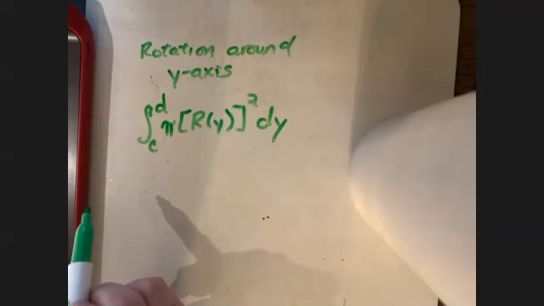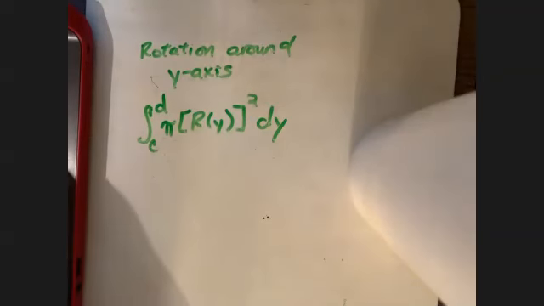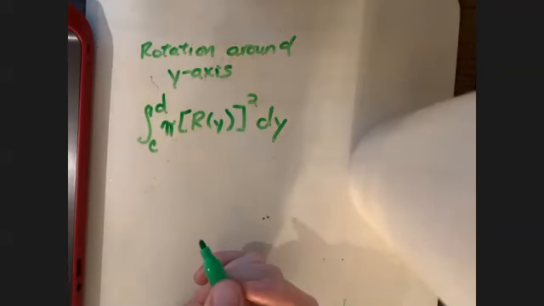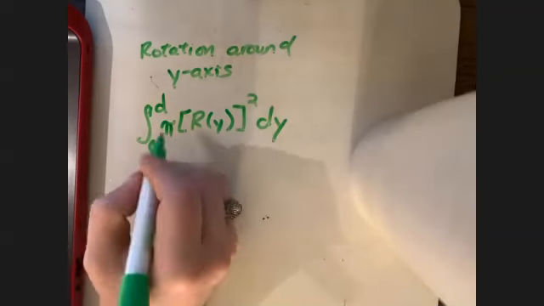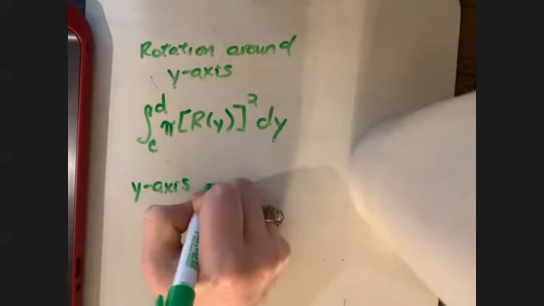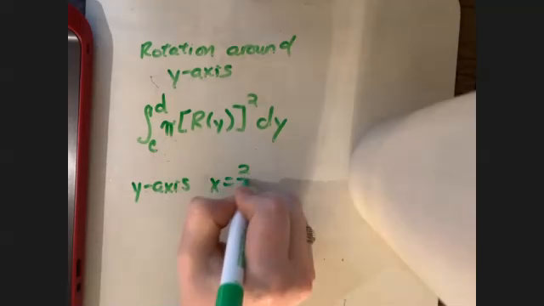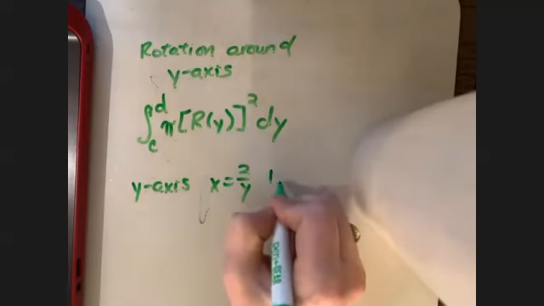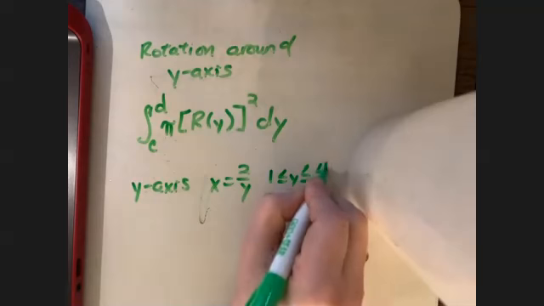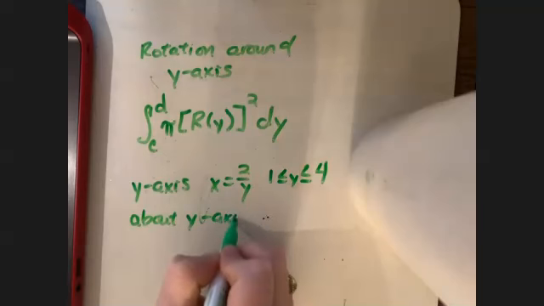So we are going to look at the y-axis, x equals 2 over y, and we're going to go between 1 and 4, about the y-axis.